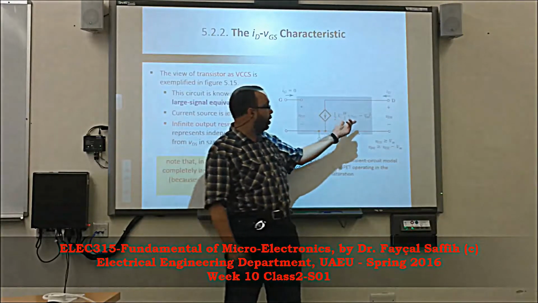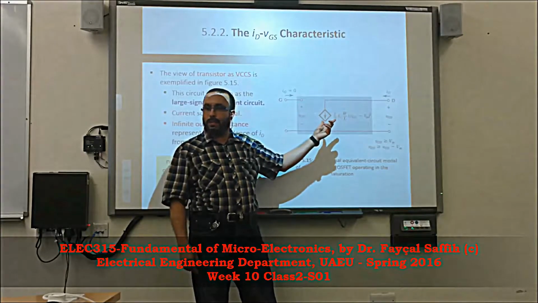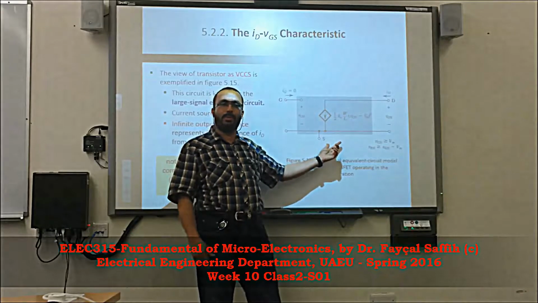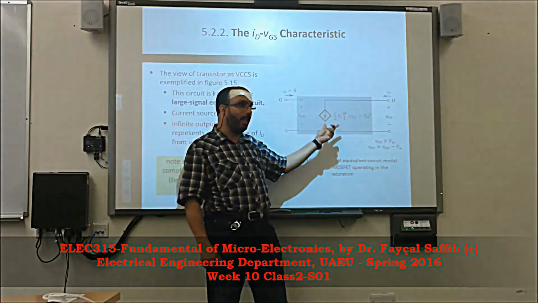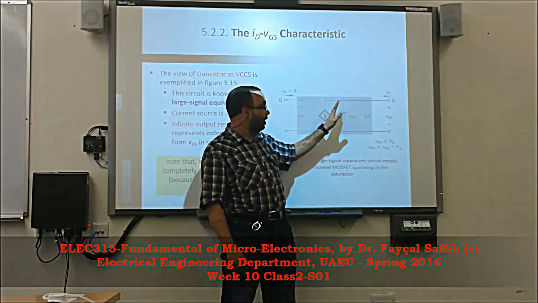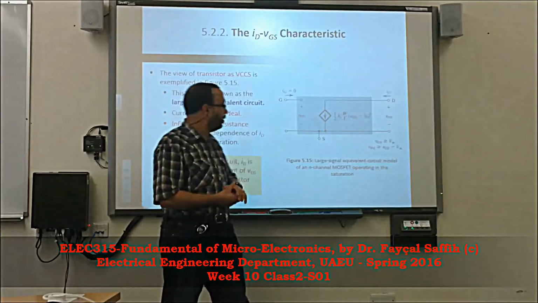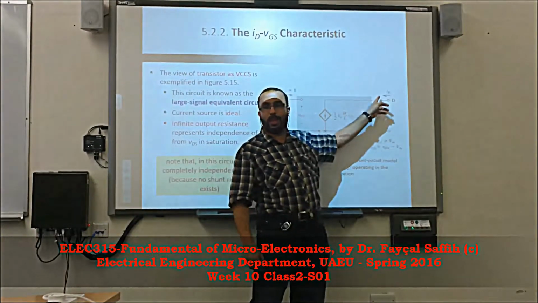This voltage controls this current through this current source that we call voltage controlled current source. We have the equation of the drain current, ID, in the saturation. Because we will use the MOSFET as an amplifier, and of course we need a model for that in the saturation, not in the triode. And we said that there is a huge resistance here between the drain and the source.